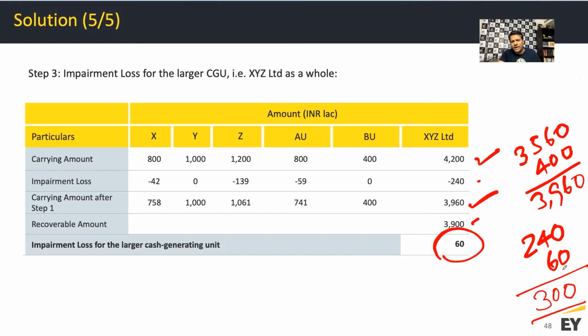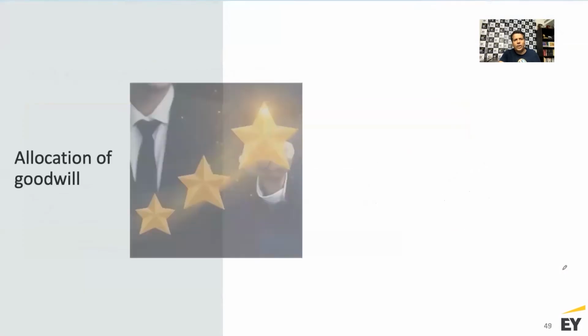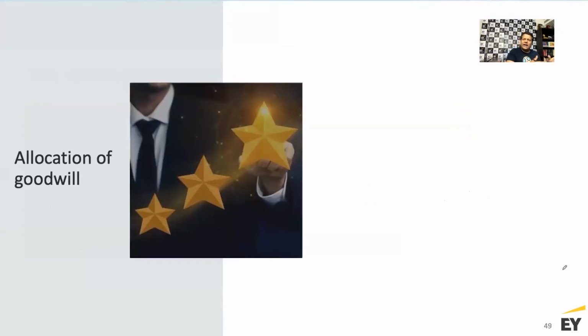So I've already allocated 240, and now I'm going to allocate the balance 60 as well, which again will be allocated in the same proportion as these asset groups form part of the overall allocation. This 60 is going to get allocated on a pro rata basis.